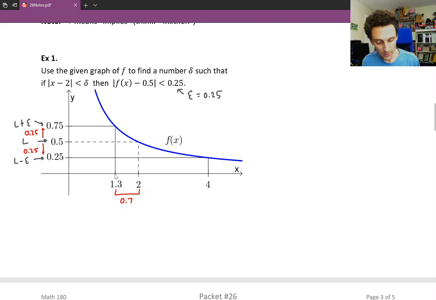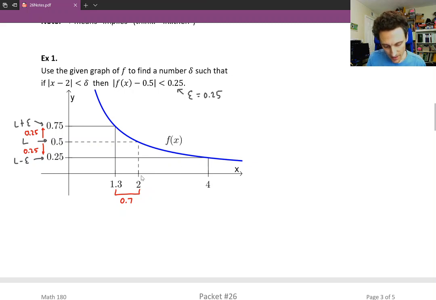It's only when you get to 1.3 that you're right at the boundary. When you plug that in, you're right on the boundary of that epsilon interval, or that epsilon tube. So if you stray too far beyond 1.3 to the left, you're going to fall outside of that epsilon tube. You're going to be too far from that limit L. So on the left side, our boundary is 1.3.